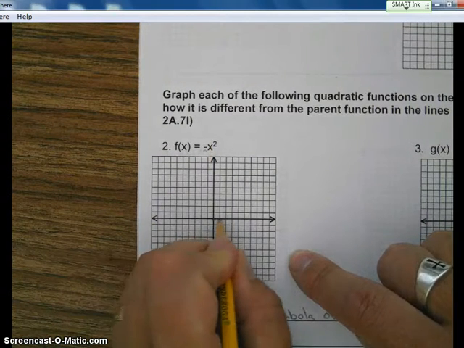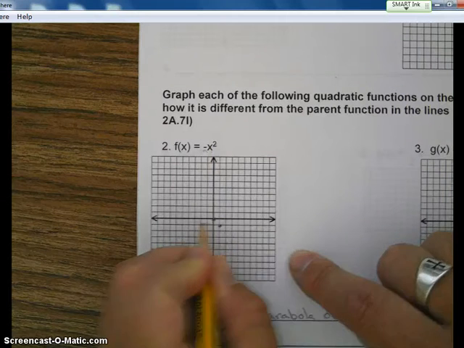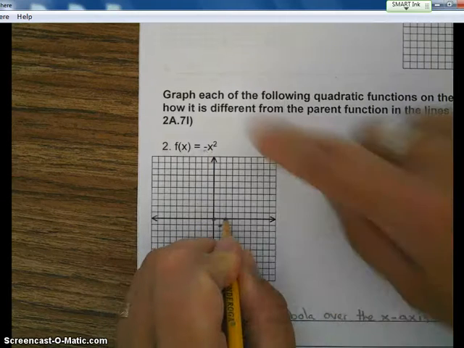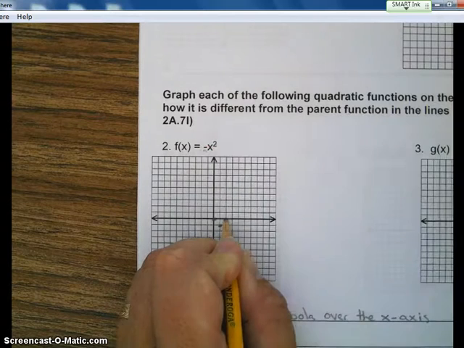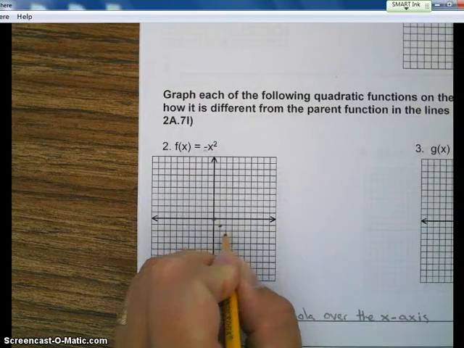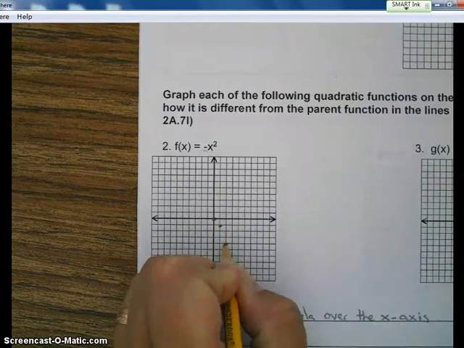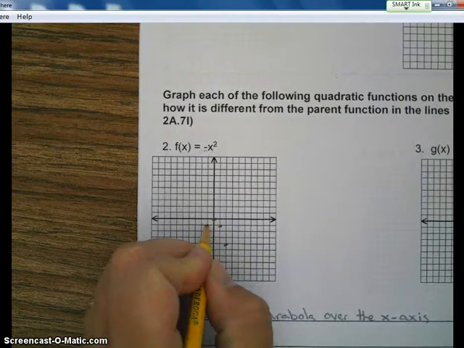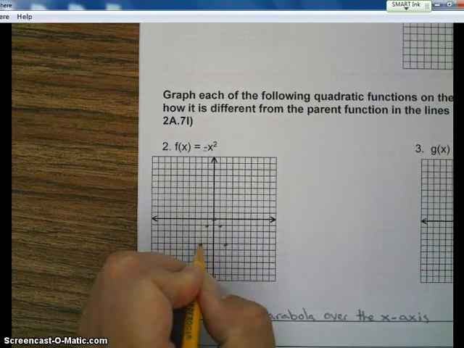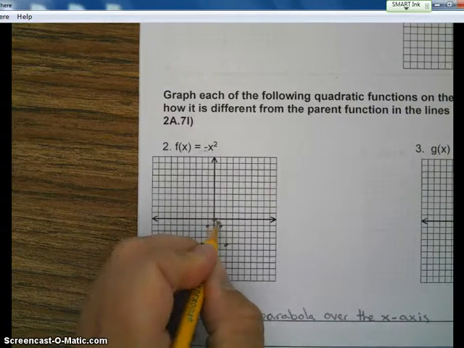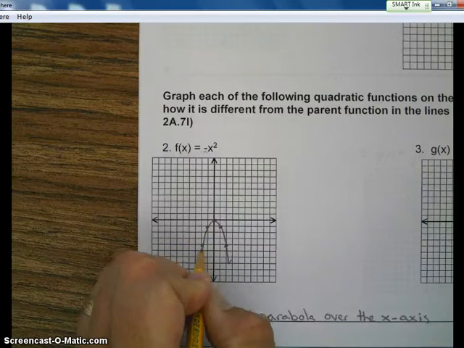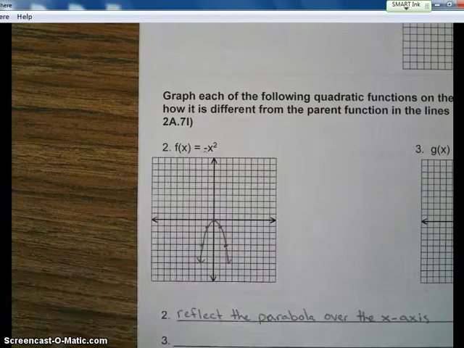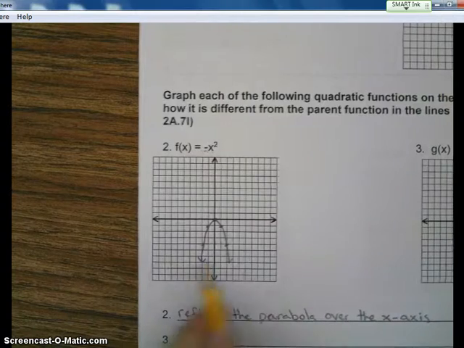When we input a 2, 2 squared is 4, and 4 times -1 is -4. So do you see how it opens down? And yes, if you have a calculator, you can plug it in and see that in your table.